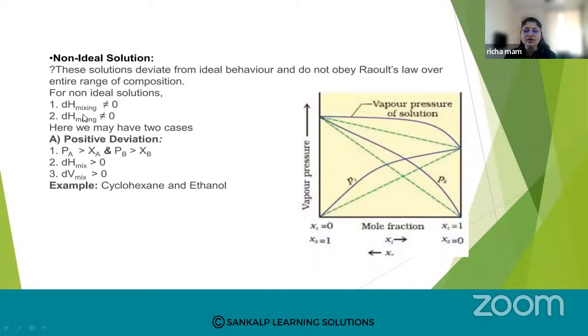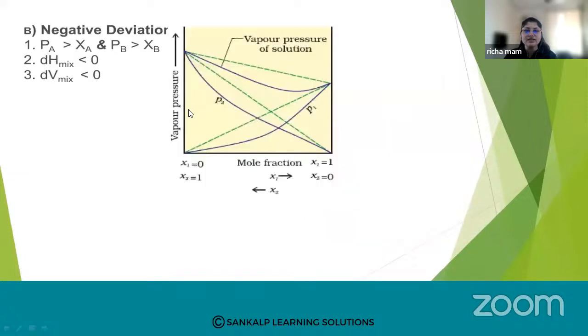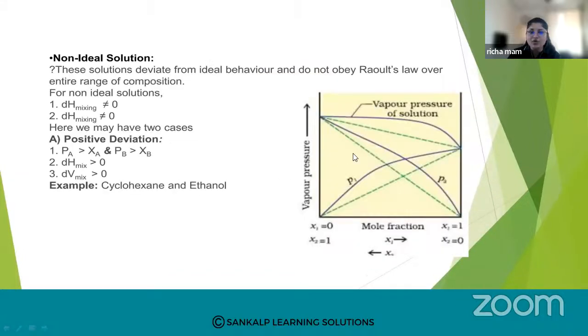So here, what will happen when you have a positive deviation? This is an example of positive deviation. You can see the graph, how the values are greater. Here the vapor pressure of the solution is greater than that according to Raoult's law.